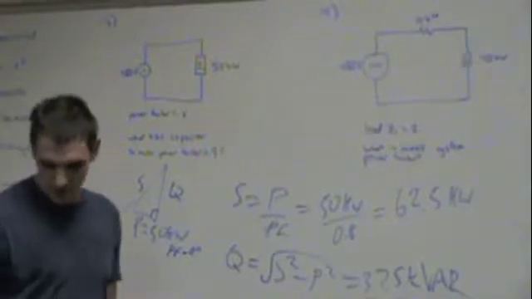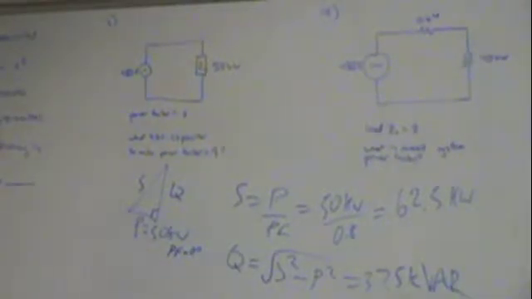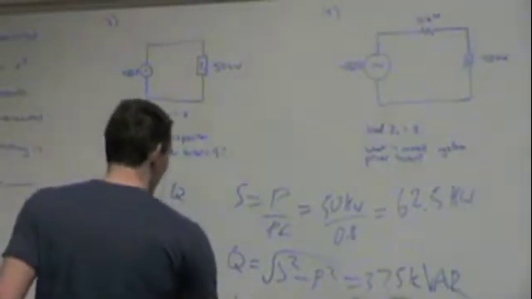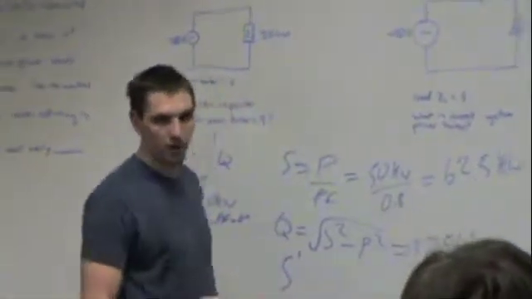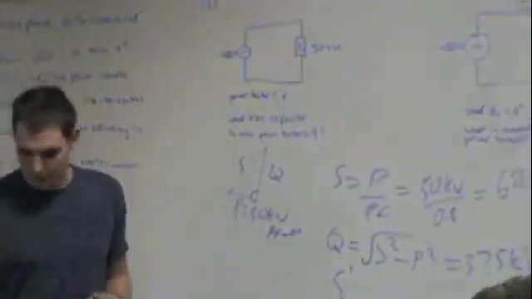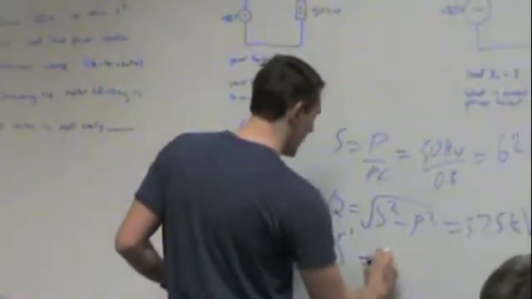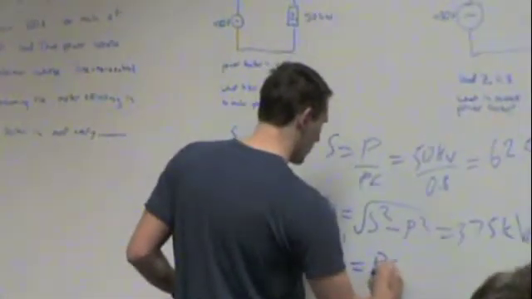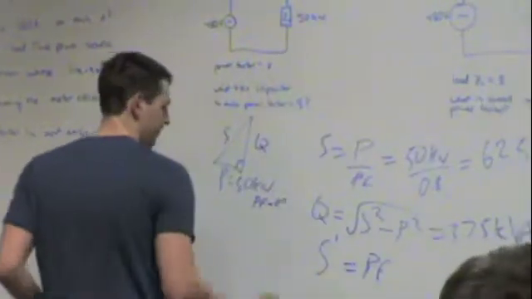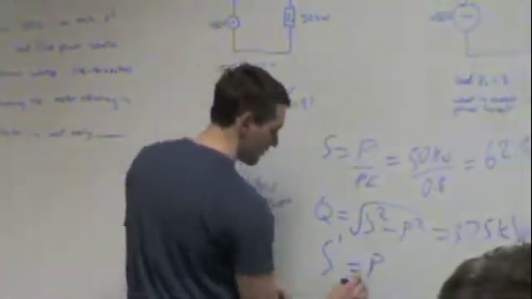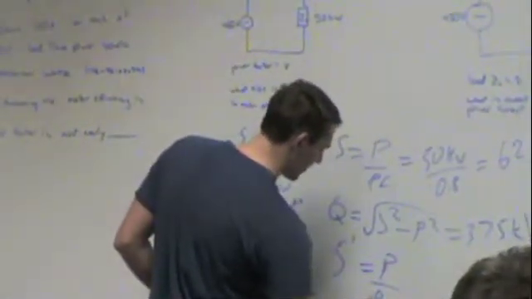So the next thing we do is we say that S prime, which is our final, corrected complex power, is equal to PF. That's not right. P over PF. Right? Somebody has that formula down. They can tell me that I'm right.